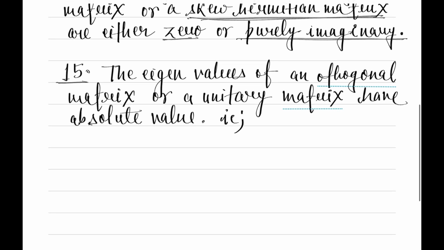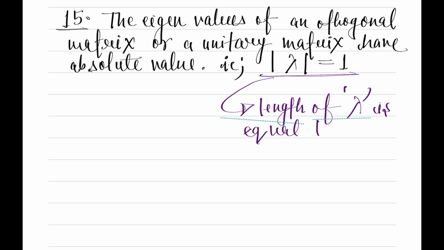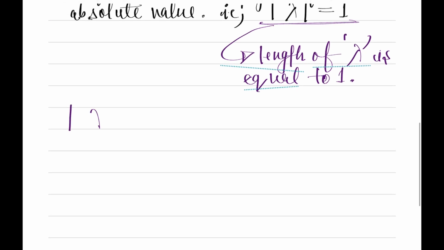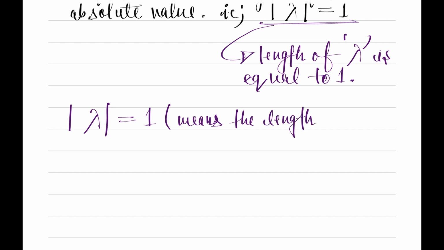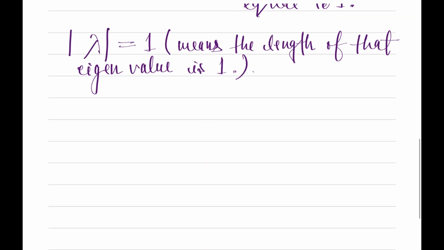That is, mod lambda is equal to 1, or we can say the length of lambda is equal to 1, where mod lambda is equal to 1 means the length of that eigenvalue is 1. We will take an example.